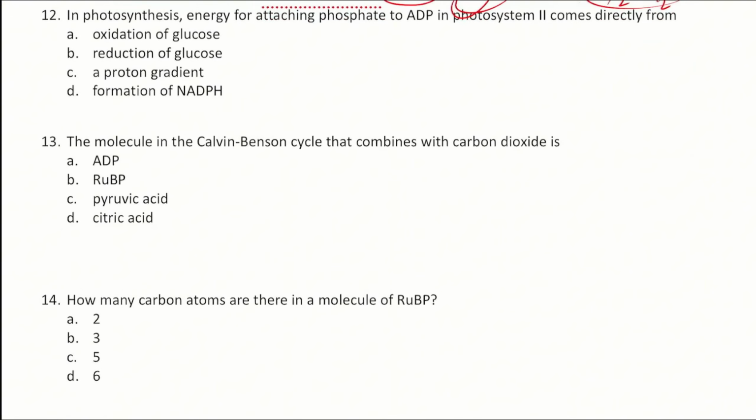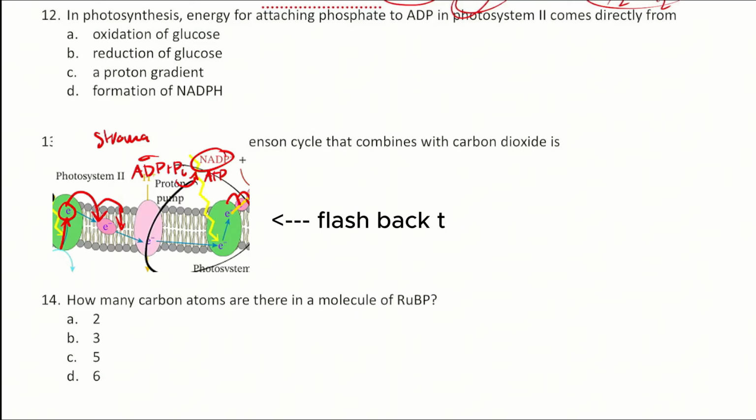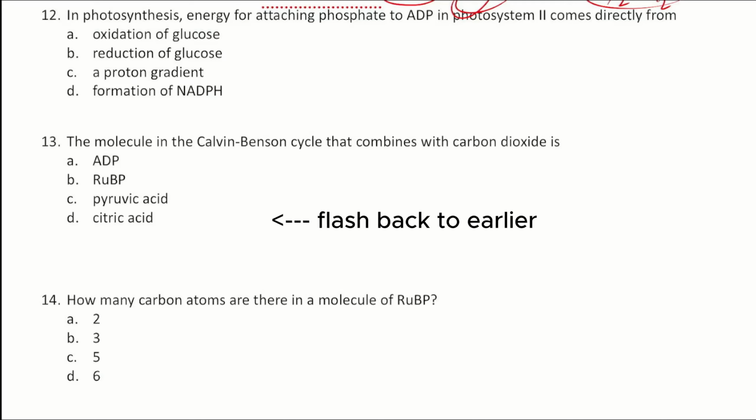Number 12 reads that in photosynthesis, energy for attaching ADP or phosphate to ADP in our photosystem comes directly from what? So remember that photosystem 2 uses energized electrons in our electron transport chain to create ATP.